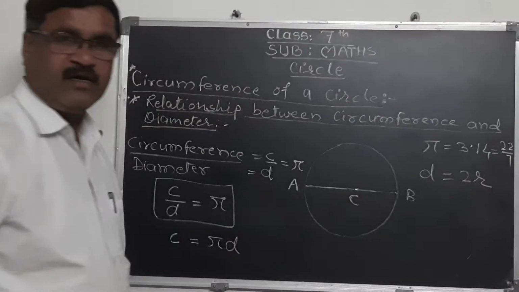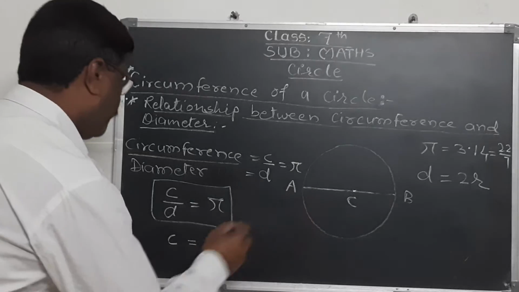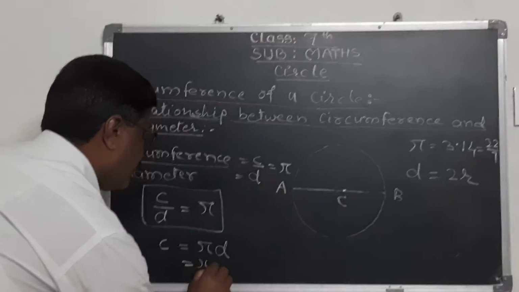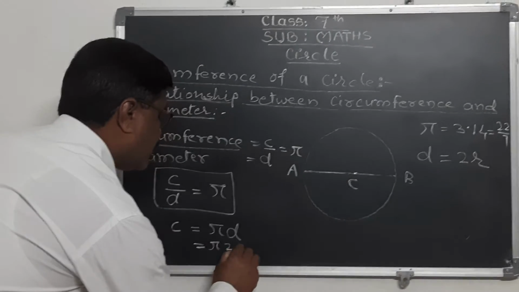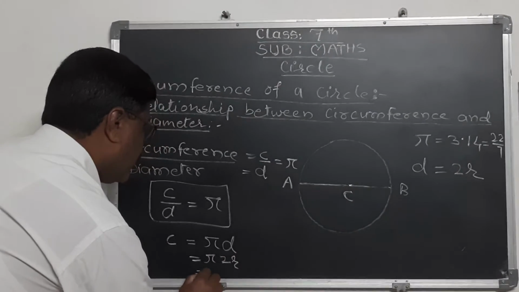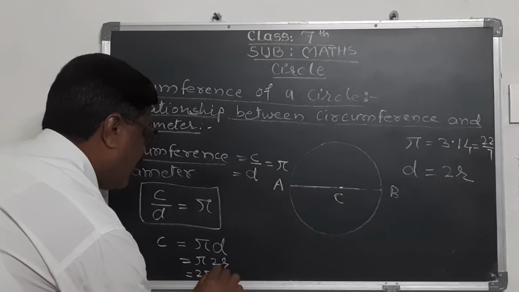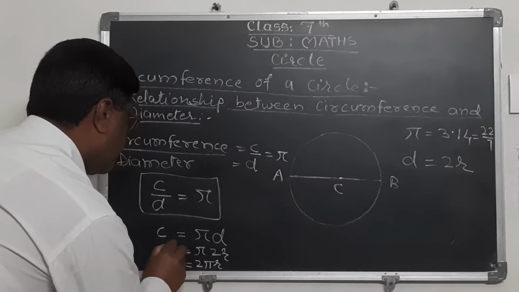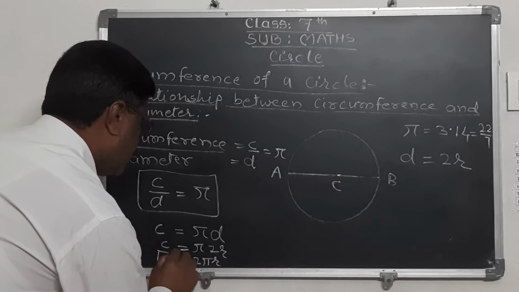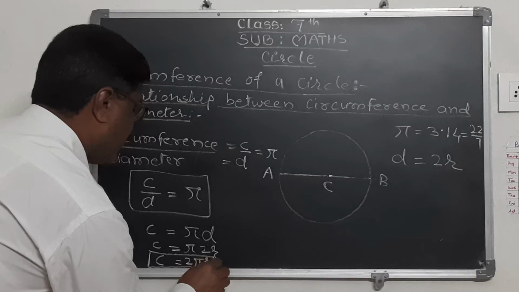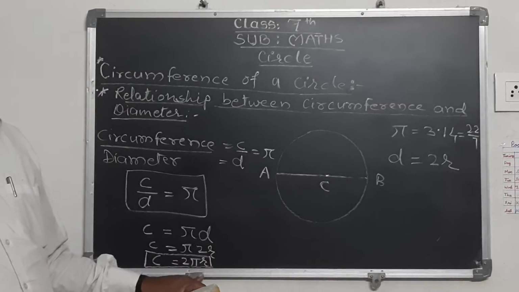R stands for radius, so if we put the value of D, we get pi times 2r. If we rearrange it, we get 2 pi r. So C stands for the circumference of the circle, and the formula for circumference is 2 pi r.